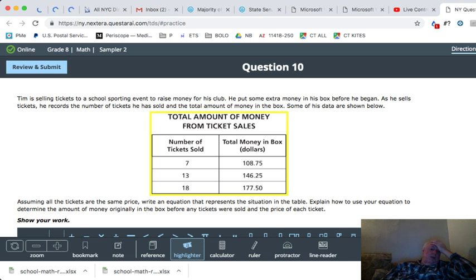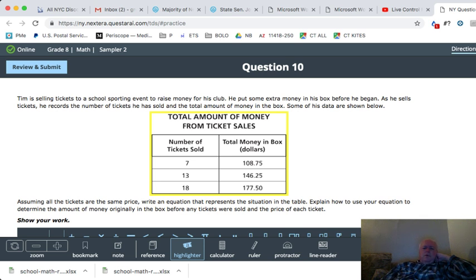Total amount of money from ticket sales. So, for instance, if I sold 13 tickets, I would have made, I guess, $146.25. So on. This does not look like a table where I'm going to be adding up the columns. It looks like there's a pattern here, actually. I don't know if we have to compute it.